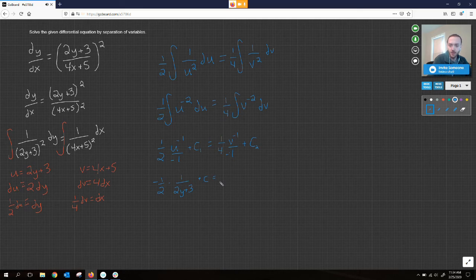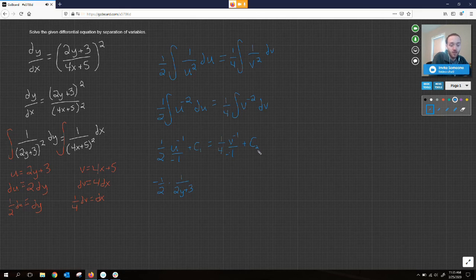actually this is a good time to talk about something else we're going to do here. We can do it all in one step. When I have my plus c1 here and my plus c2 here, these are both arbitrary constants, right? I don't know what they are. They're some number, so I don't really need to say it twice. If it's just some arbitrary number, I can combine these on one side and just call it c.